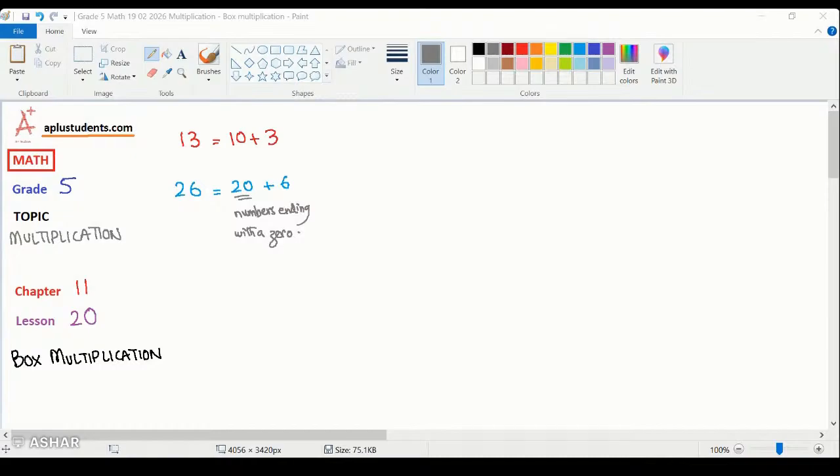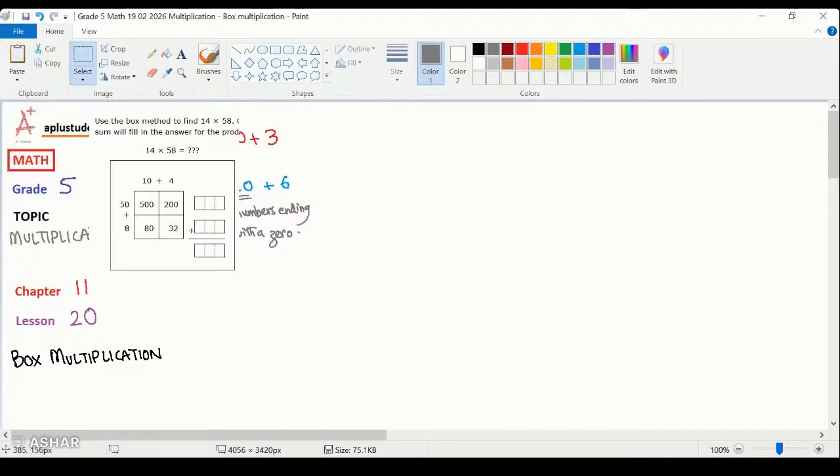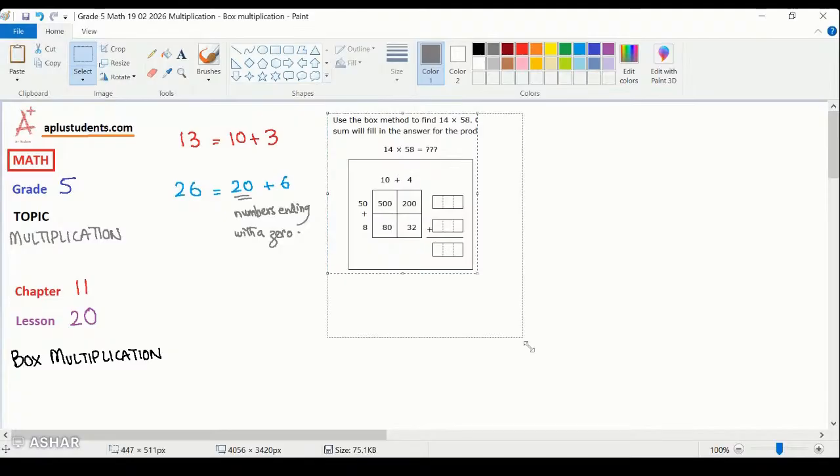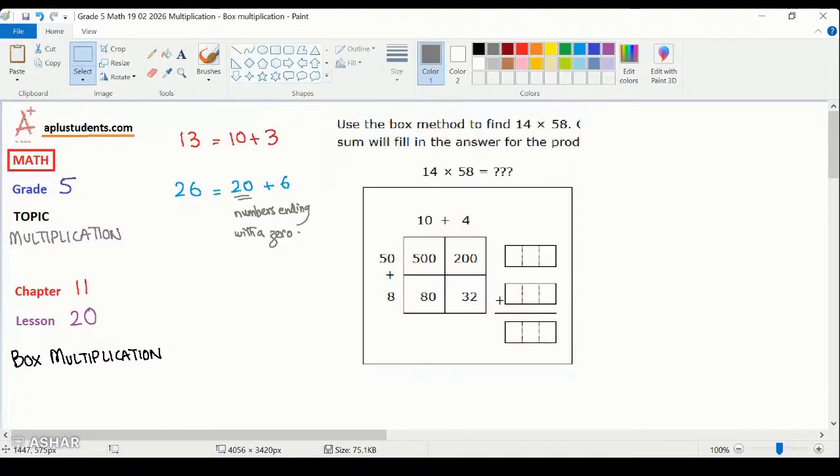So let's say the question says use the box method to find the product. Multiplication is known as product.